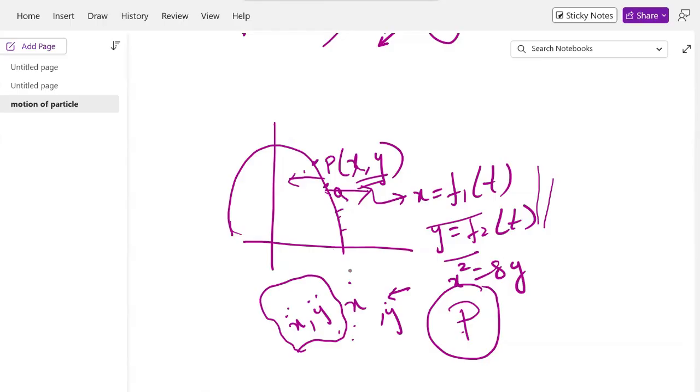Okay. One thing you can clarify from this part: whether it is like this or this, what can we say about x double dot, or what can we say about y double dot confidently? I can say that y double dot is zero, because you can see whatever force is acting, it is acting parallel to the x-axis. There is no component parallel to the y-axis.